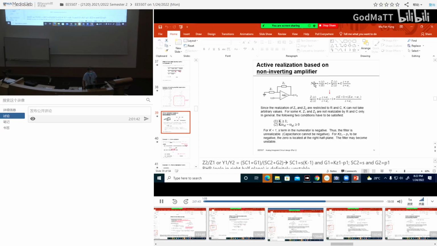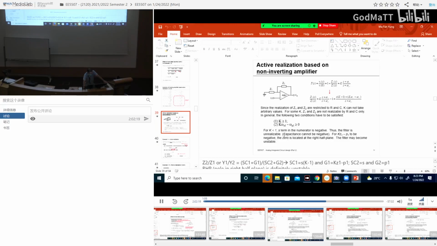Your DC gain of this transfer function, at S equals 0, is K times omega Z divided by omega P. So K is the additional gain scaling factor. You cannot independently choose three parameters, K, Z1, and Z2, because you may not be able to get the correct values for R and C that you can implement.